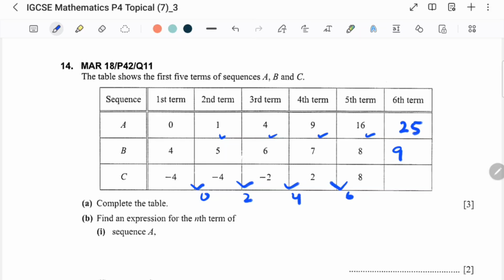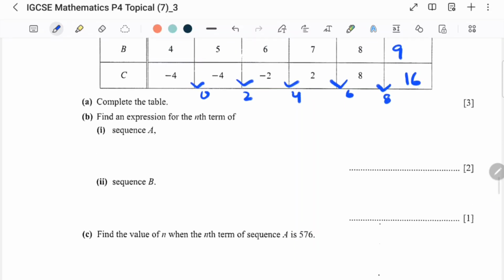So 0, 2, 4, 6. Now you'll be adding 8. Alright, we have to find the nth term of A.